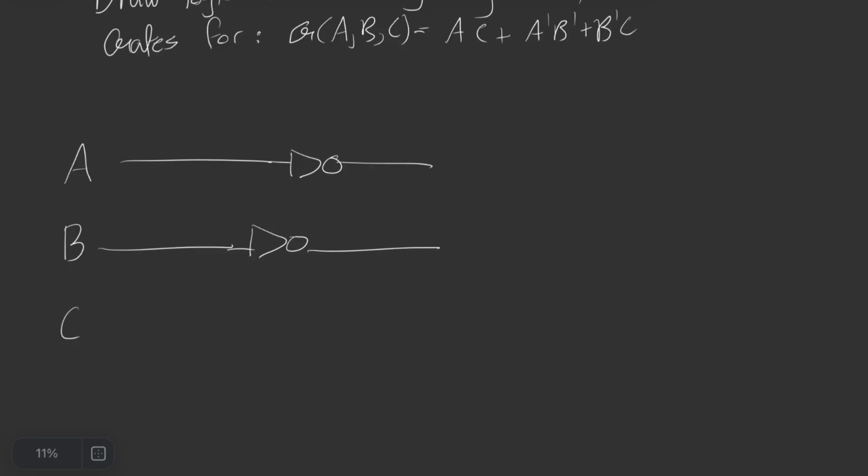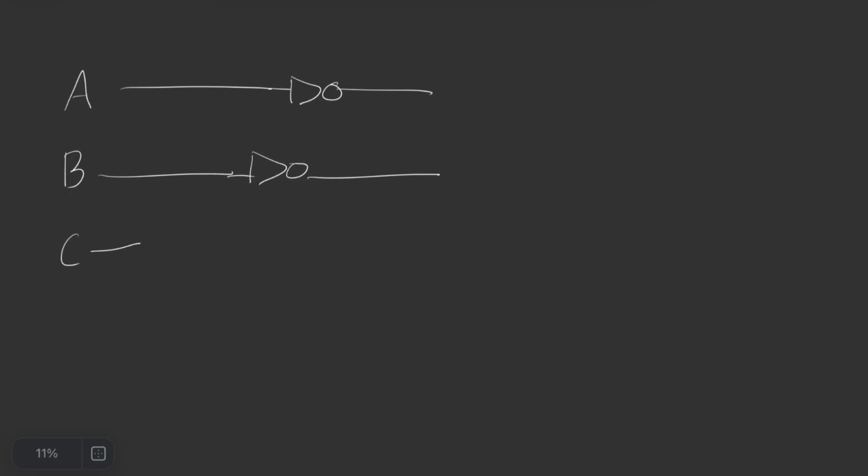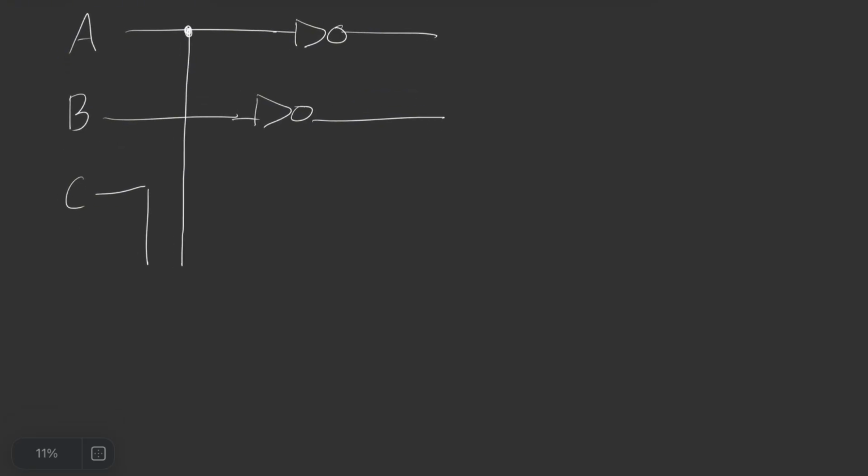Okay, so we have A and C. Anytime you're taking a wire out, you are going to put a circle and a line. That signifies I'm branching off from that A wire.